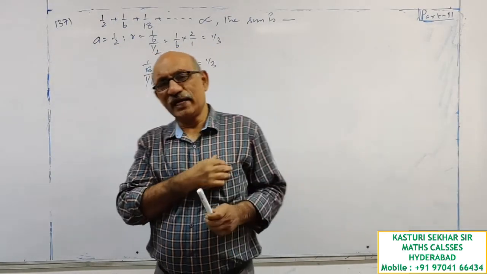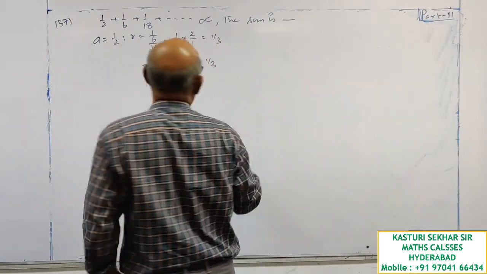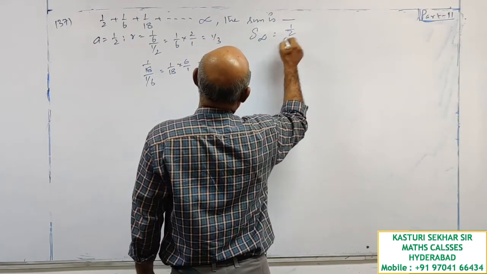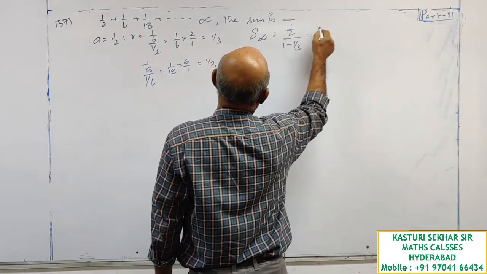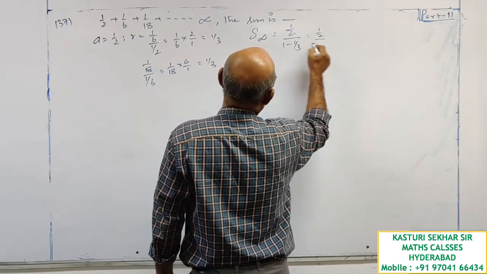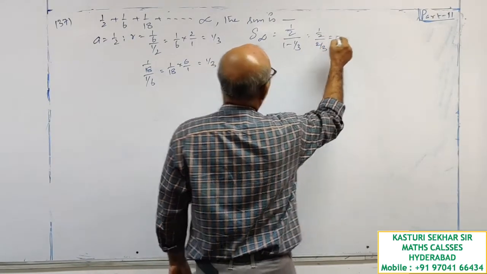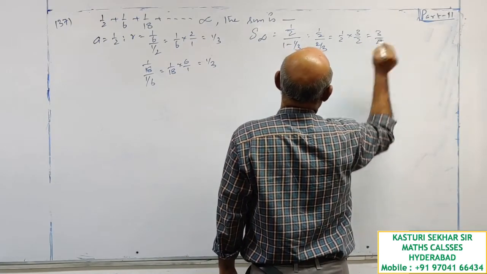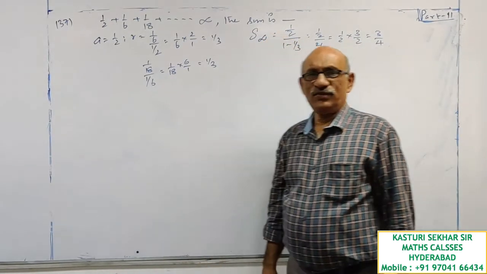So it is in geometric progression. S infinity is equal to first term divided by 1 minus common ratio, 1 by 2 divided by 2 by 3, 1 by 2 into 3 by 2, this is 3 by 4.